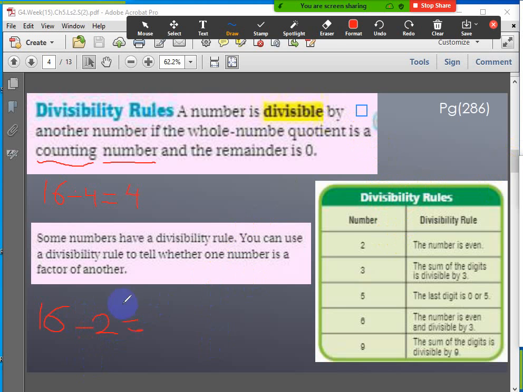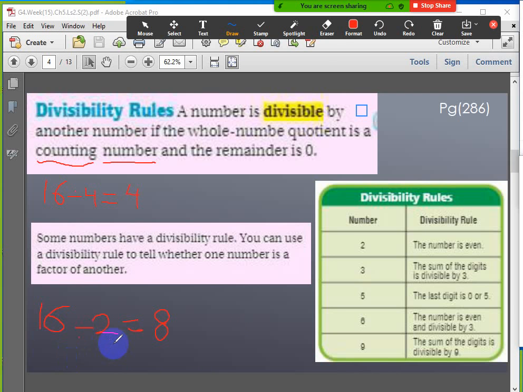Very good, girls. So 16 divided by 2 equals 8 also. Is 8 a counting number or not? Yes, it is a counting number. Do I have any remainder here? No, I don't have any remainder. That means 16 is also divisible by 2. Okay?